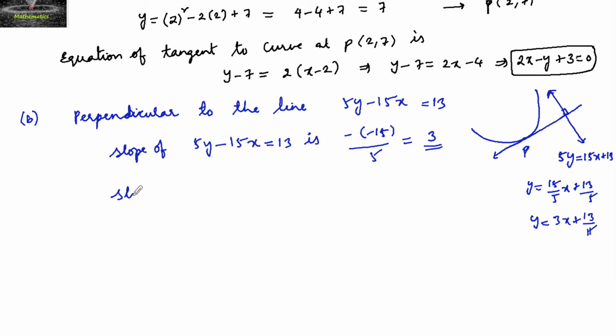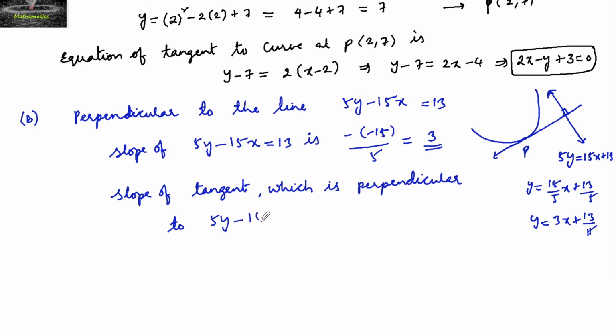And now the slope of the tangent, which is perpendicular to the line 5y minus 15x is equal to 13, can be taken as minus 1 by 3.